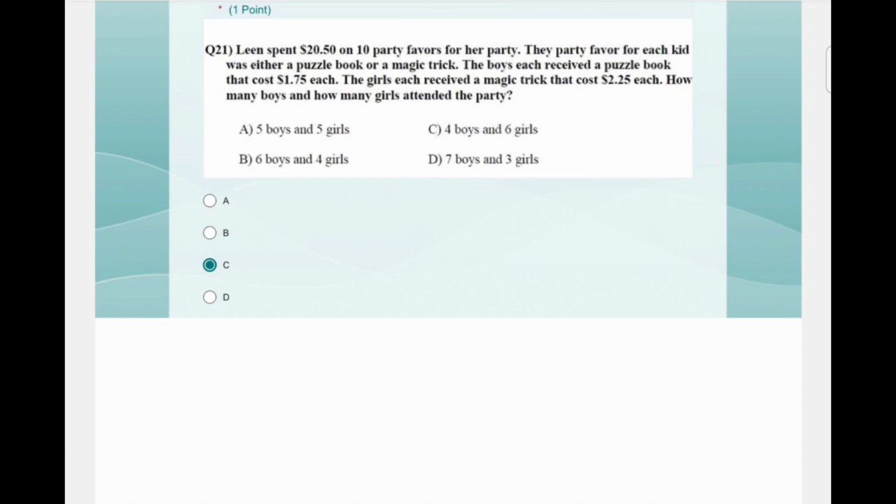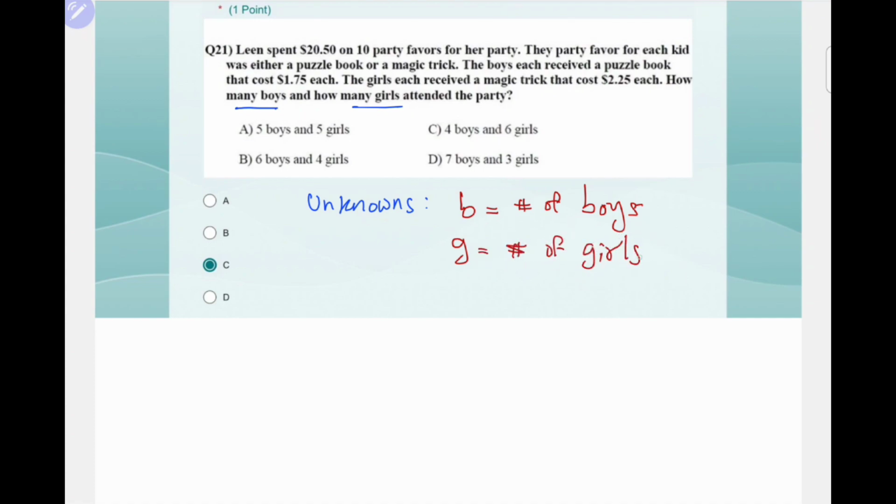The first thing, let's determine the unknowns. So what are the unknowns? We have how many boys and how many girls. So we have two unknowns. The first one is the number of boys. So let's call B equal to the number of boys who attended the party, and let's call G the number of girls who attended this party.